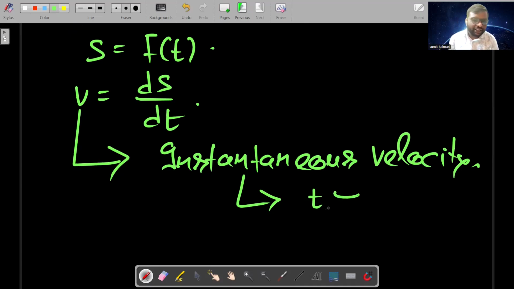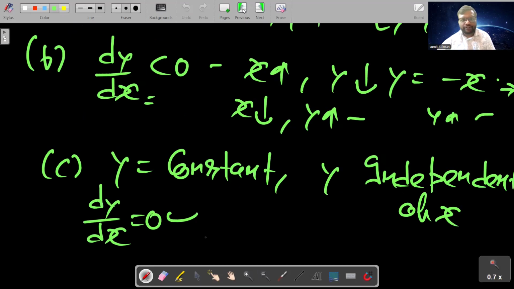So this is instantaneous velocity. We will study about this in detail in kinematics. And now students, we will talk about the graph of s and t and the slope of the tangent drawn at any point. So let me upload the graph.